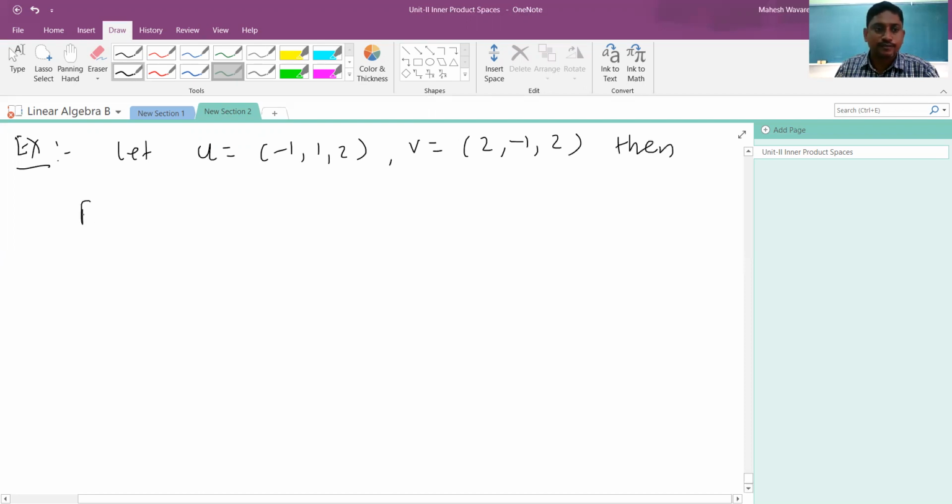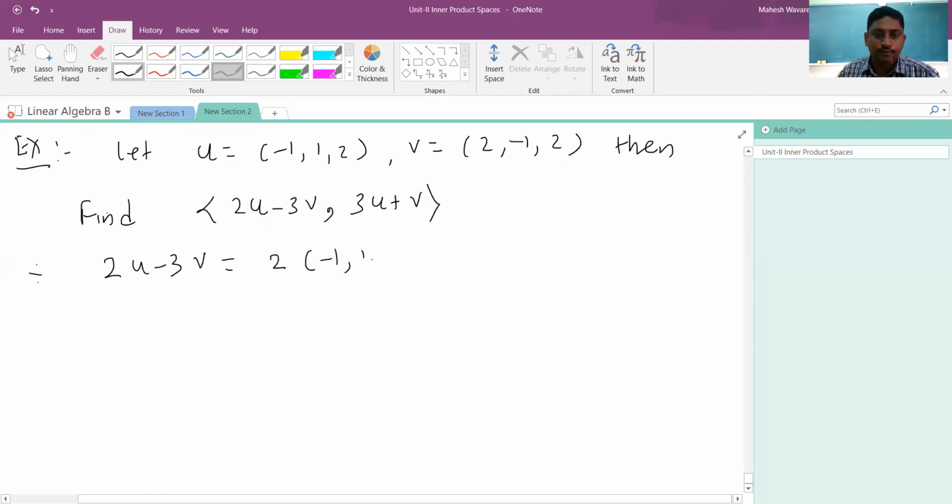Then it is asked to find the inner product of 2U minus 3V with 3U plus V. This is easy, one can solve. For 2U minus 3V, just calculate 2 times U minus 3 times V. Just find what the value of it is.